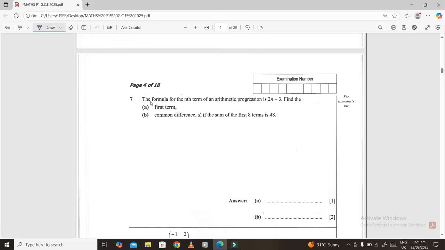For this question, they are saying the formula for finding the nth term of an arithmetic progression is 2n minus 3. So we know that for question A, the formula for the term is equal to 2n minus 3. I know when we talk about arithmetic progression, this is where you use this formula for finding the term, isn't it?